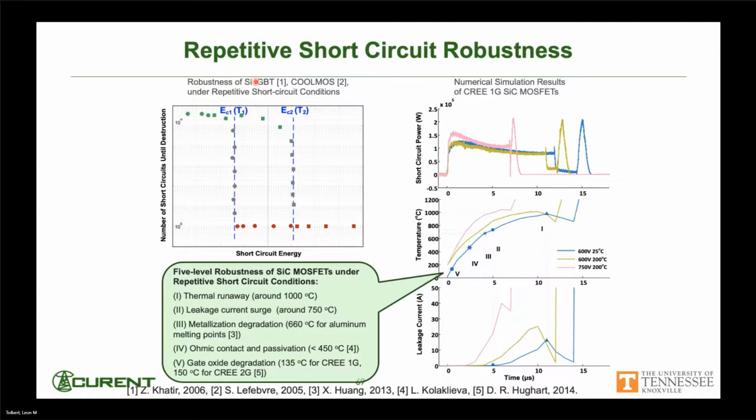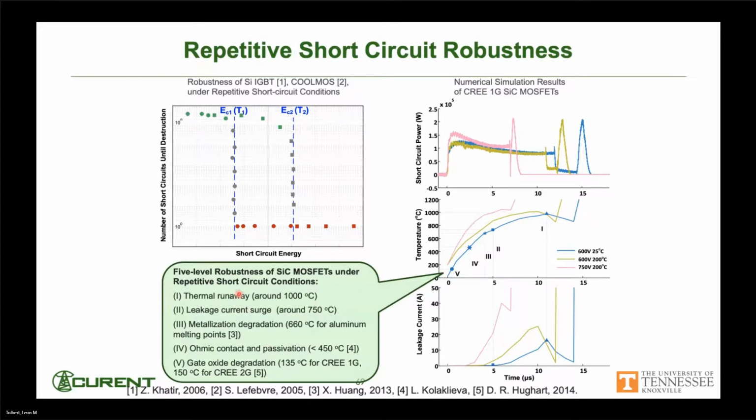And so again, looking at this more from a repetitive standpoint, you can see here, at least from this Cree device at 750 volts, you're going to end up with higher temperature and things are going to fail more quickly than at a lower voltage, lower temperature.